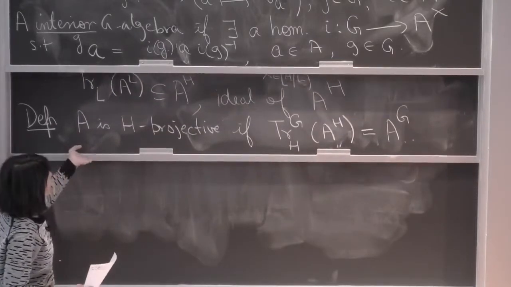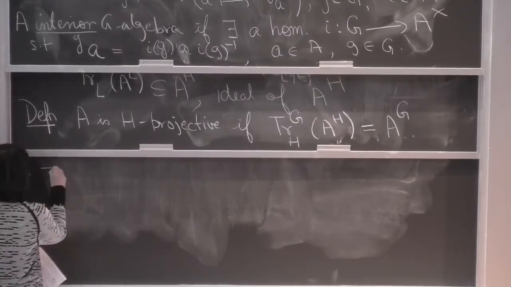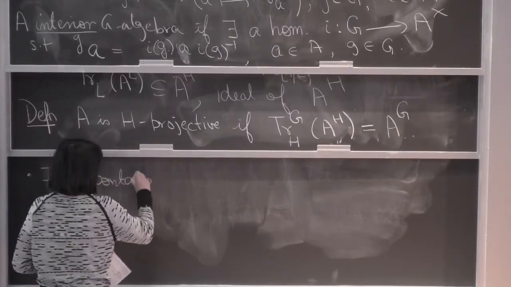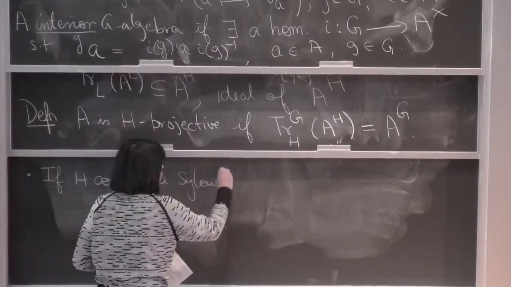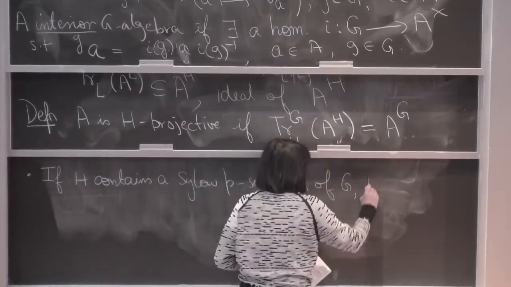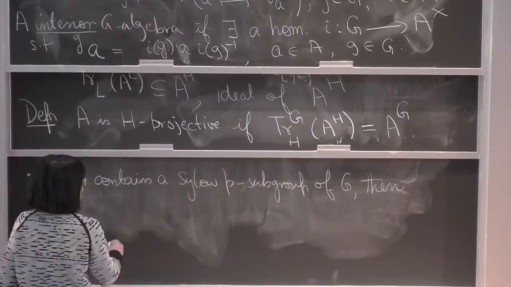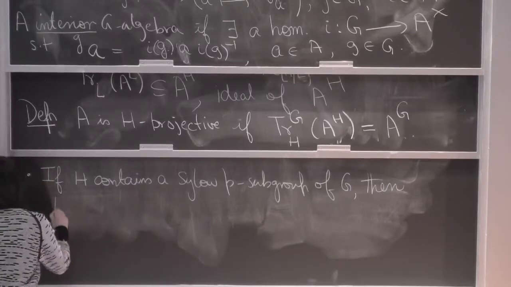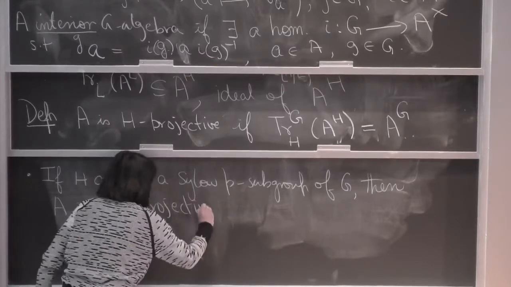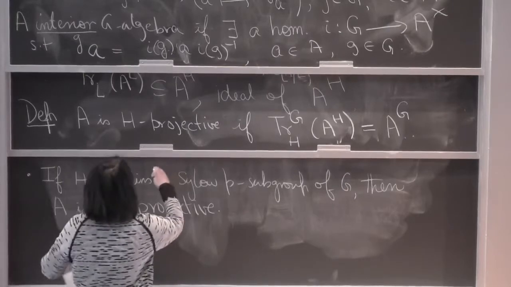Now, just one remark. Very easy, again: if H in general contains a Sylow p-subgroup of G, then A is H projective because, well, let me just show you.